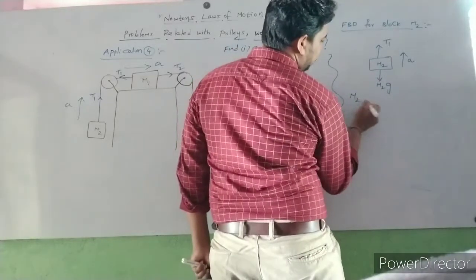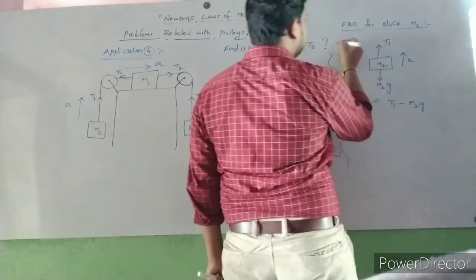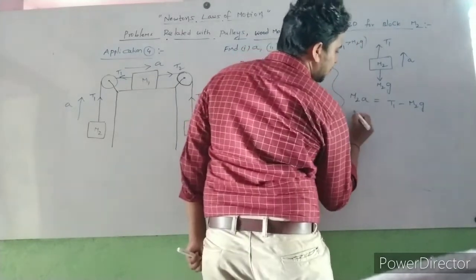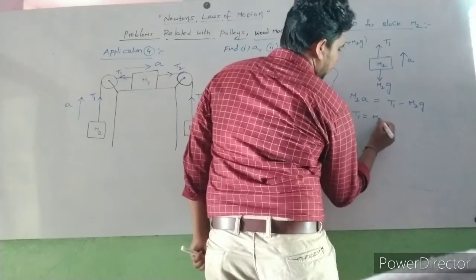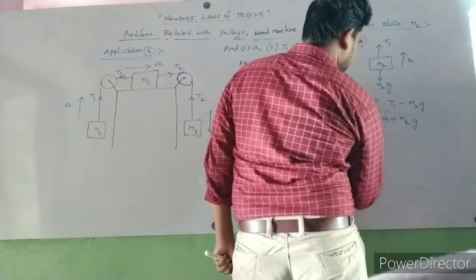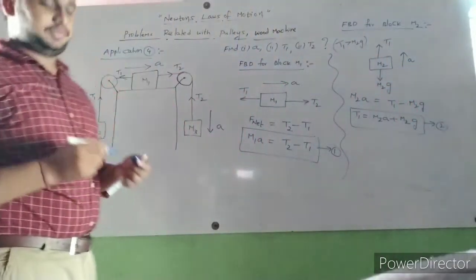From this, M2 into A is equal to T1 minus M2G, because T1 is greater than M2G. So from this, T1 is equal to M2A plus M2G. So this is equation 2.